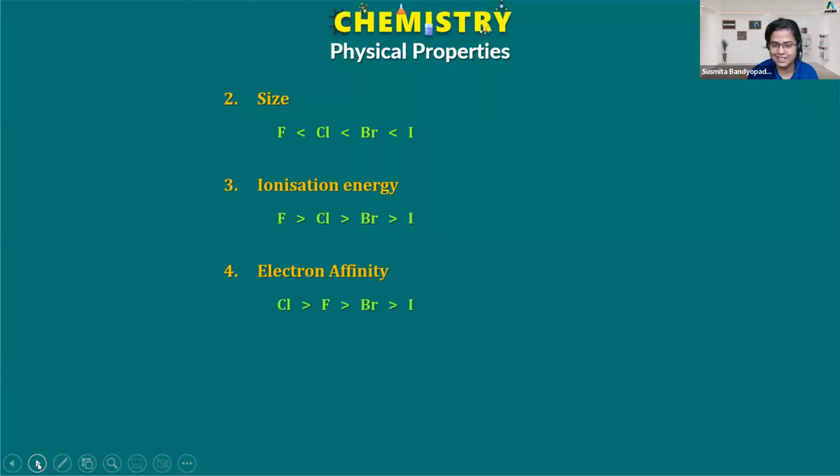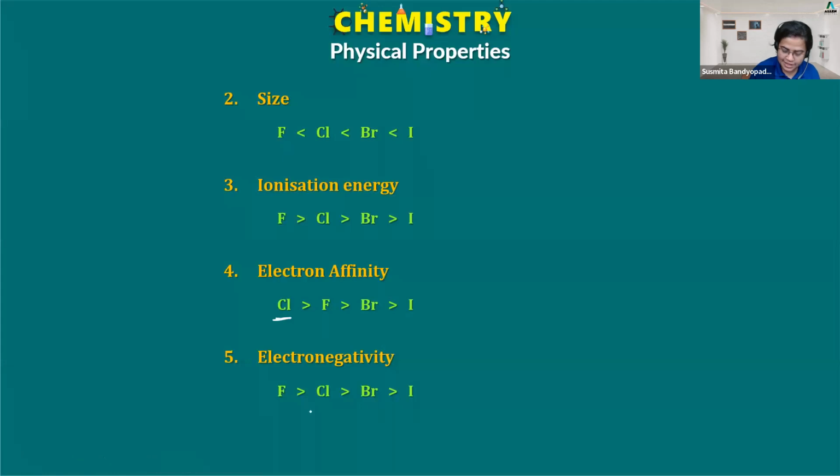Chlorine has the highest electron affinity because the small fluorine is already struggling with so many valence electrons in that small space. The added electron will face a lot of repulsion, hence the electron affinity of fluorine is less than that of chlorine.